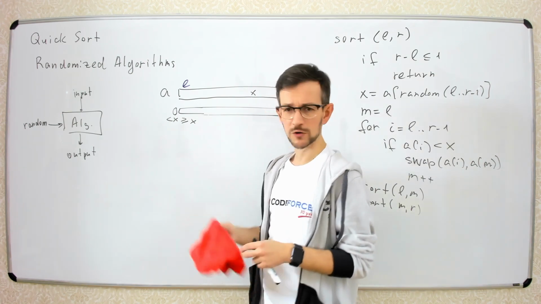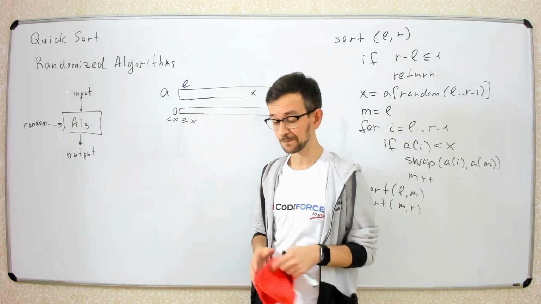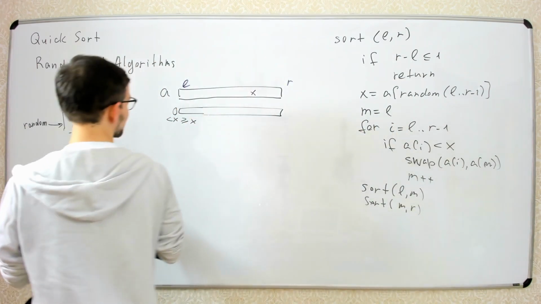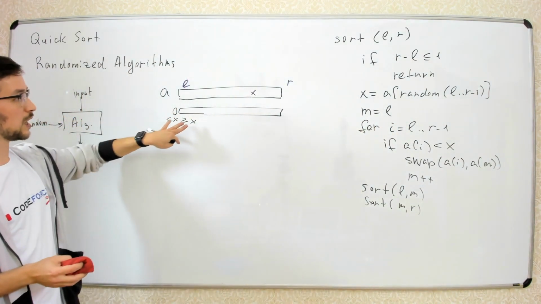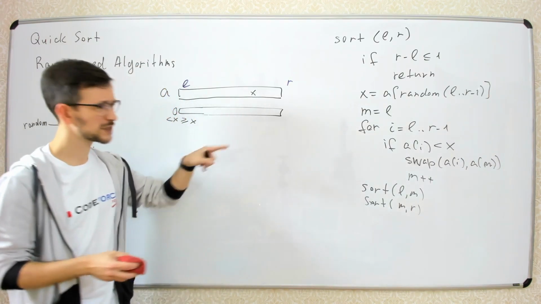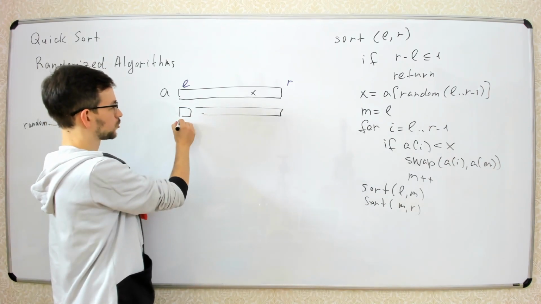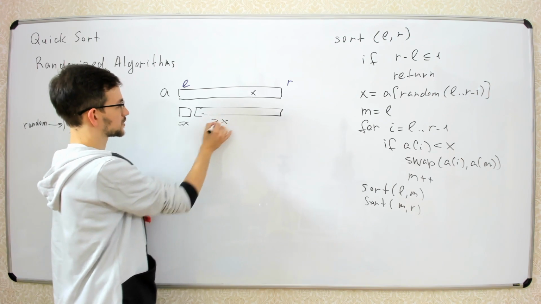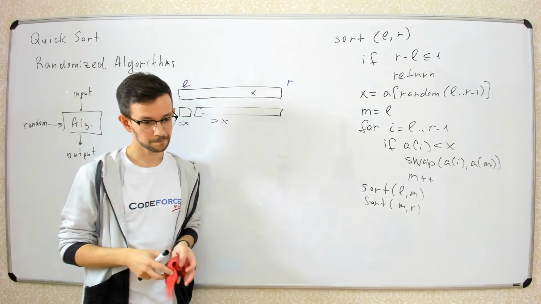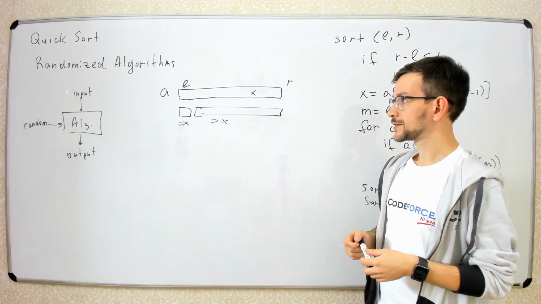Yes, it's called quicksort because it's pretty quick compared to merge sort and especially compared to heap sort. We'll talk about this a little bit later. So, in the worst case, this procedure may work infinitely. And if you fix it like we did, picking the elements equal to x here and greater than x here, then time complexity in the worst case will be n squared. Nice.